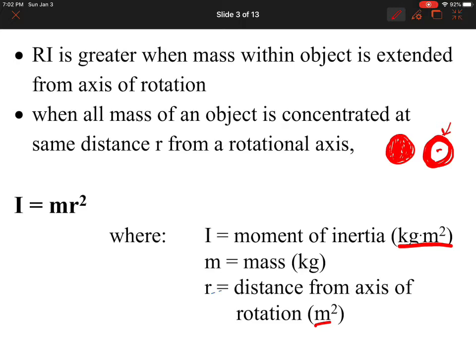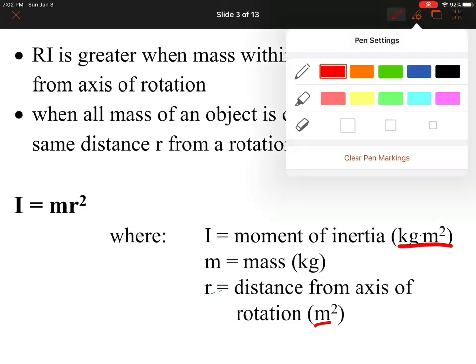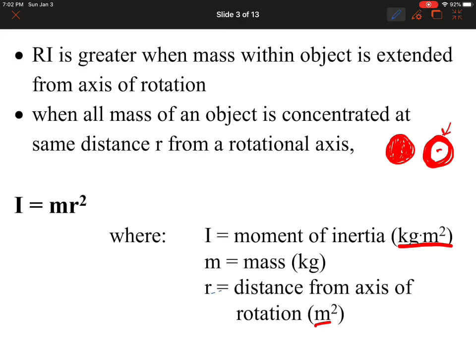So that is the most basic form of rotational inertia. But again, that's only if the mass is distributed at the very farthest point from the rotational axis. So that's when we have I equals mr squared.